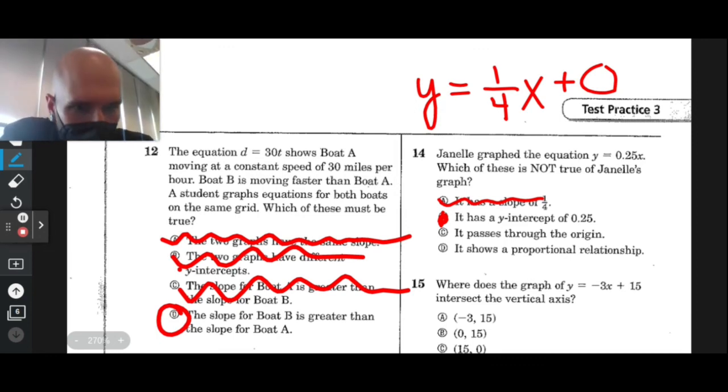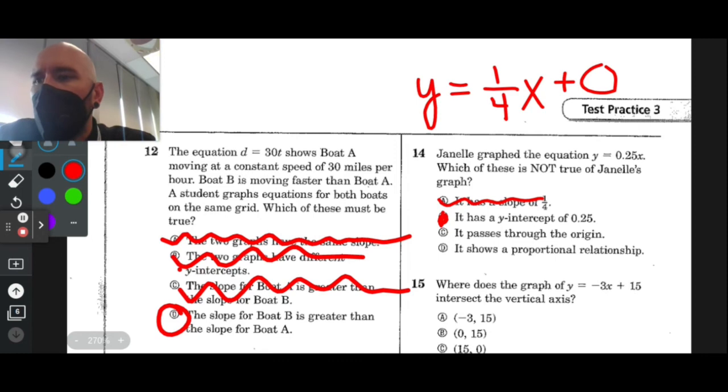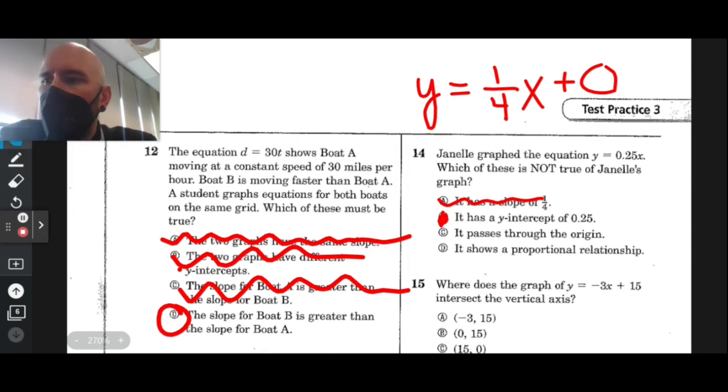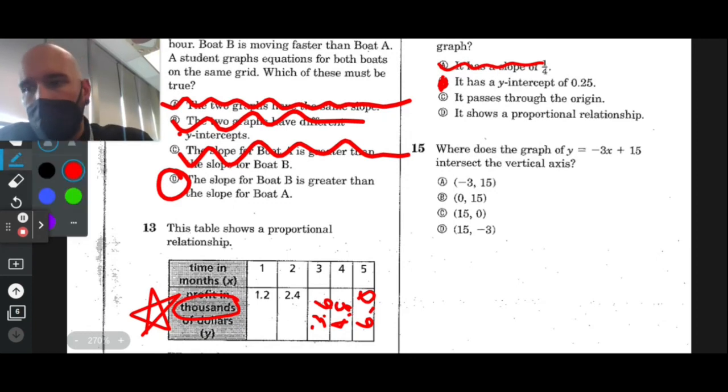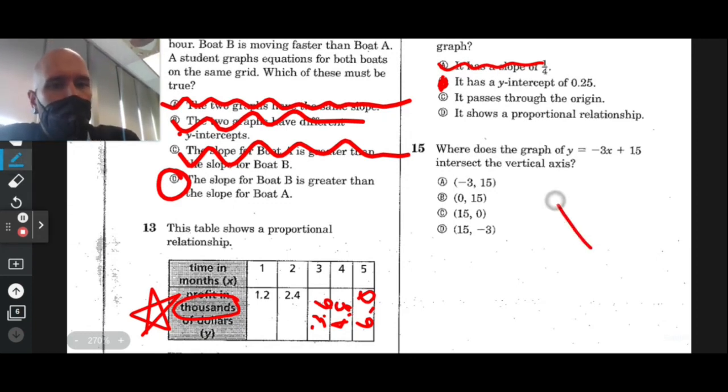All right, last problem. Where does the graph y equals negative 3x plus 15 intersect the vertical axis? Well, vertical axis, what does vertical mean? All of you NBA athletes know exactly that vertical means straight up and down. So vertical axis is the same as the y-axis.